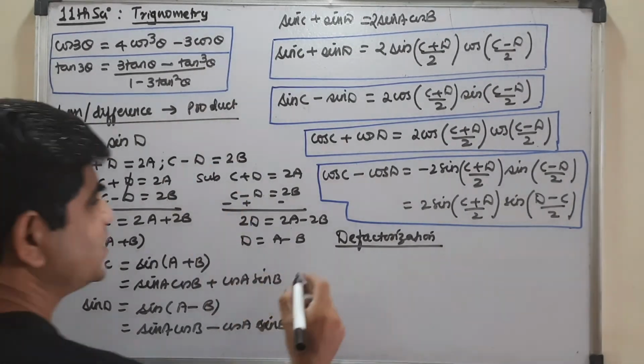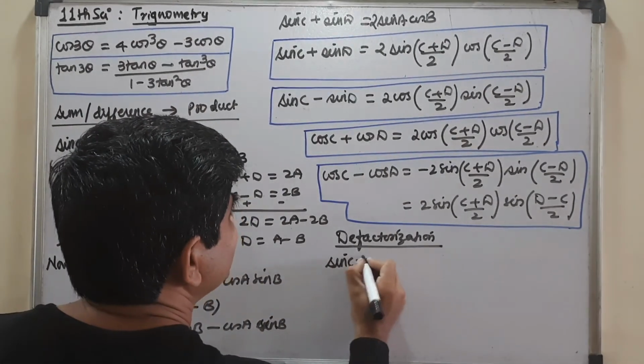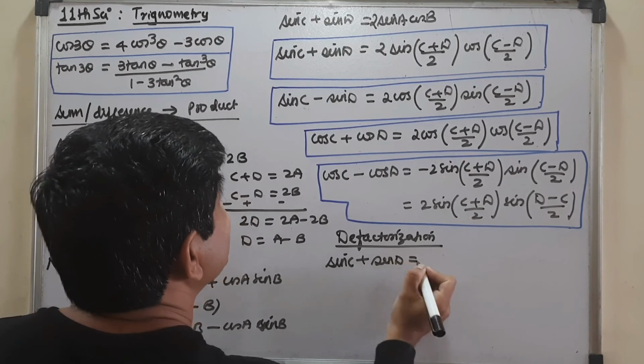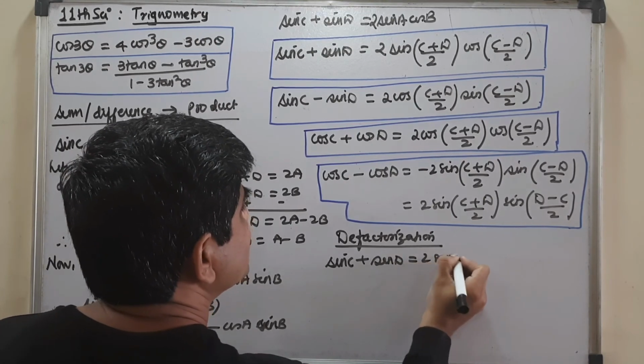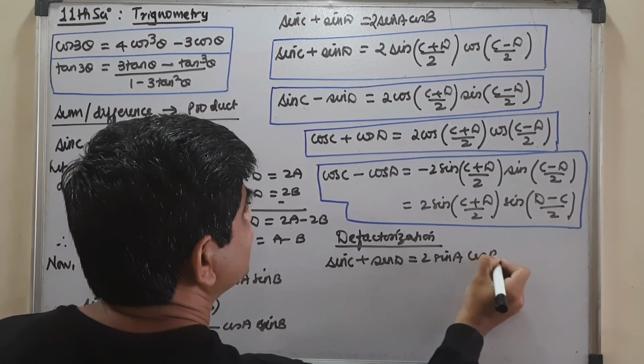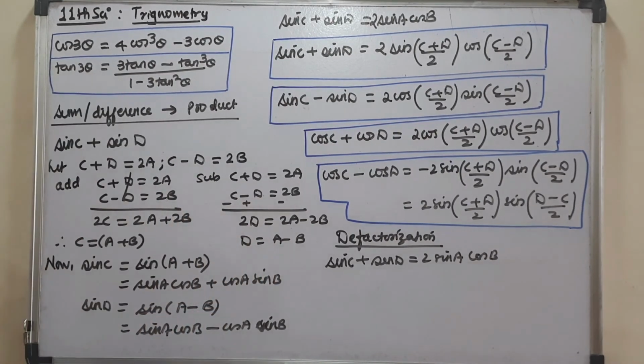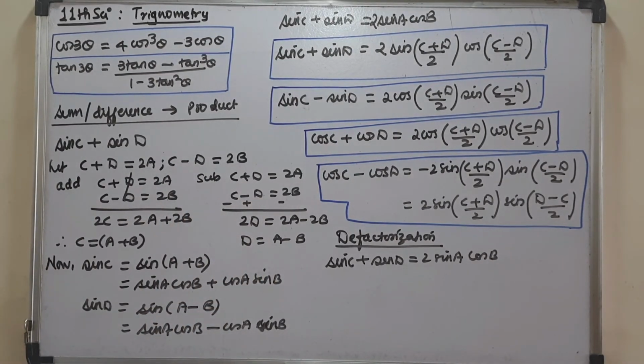See this only. You have here sin C plus sin D is what? 2 sin A cos B. This line is already present over there.